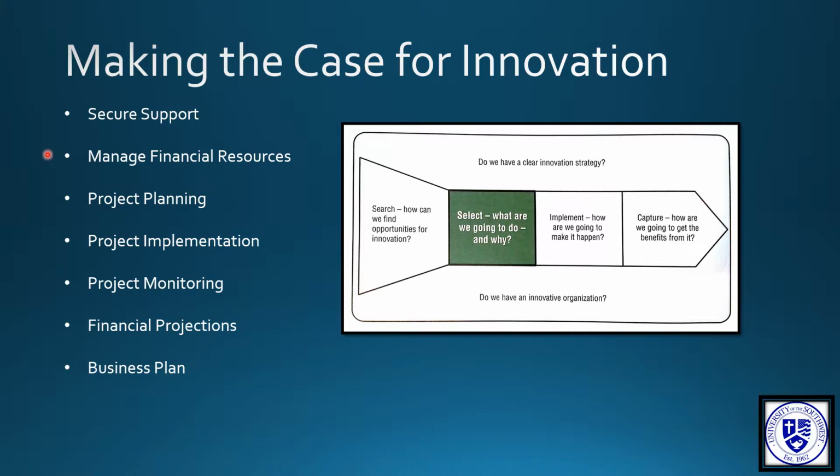Securing support helps us manage and secure financial resources. It helps us with project planning and project implementation, which is what we'll be moving into in the next phase of our innovation strategy. Project monitoring, which is the final phase here. How do we capture benefit from it and continue to capture sustainable benefits from it?